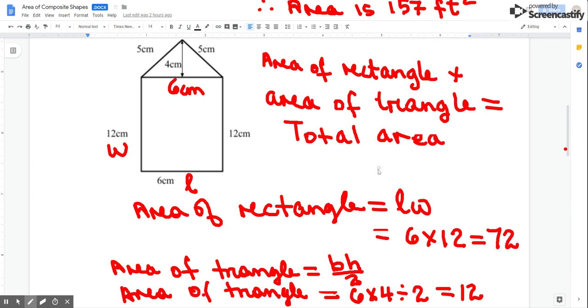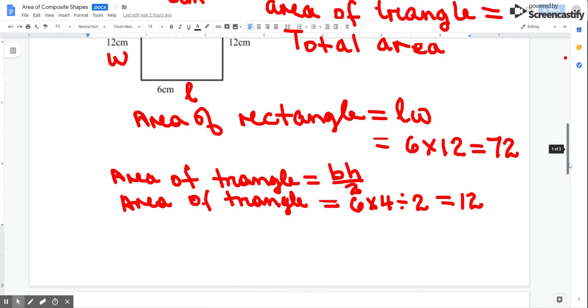Now to find our total area, we have to add both. So our total area equals 72 plus 12.